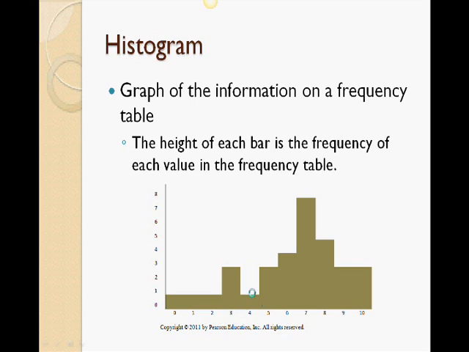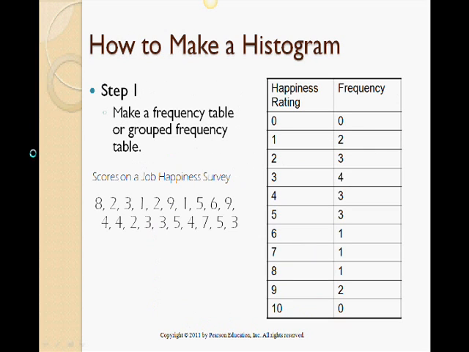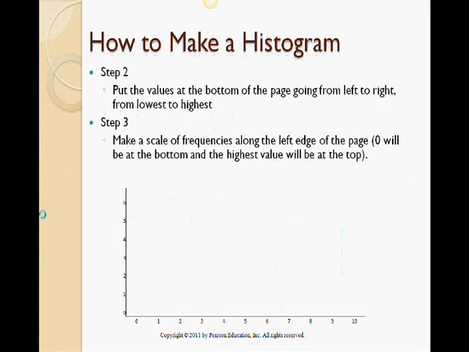So the steps in making a histogram: the first step is the same as what we did to do a table. Basically, you make a frequency table, a group frequency table. Second step is you put the values of your measurement at the bottom, for example, if this was our job happiness scale.